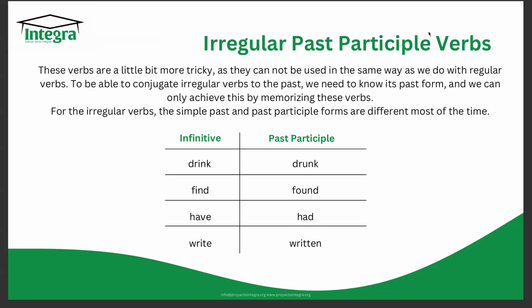As you might know, the simple past version would be drank. So it's drink, drank, drunk. As you can see in this one, the simple past and the past participle are different. Other example is find. The past participle is found. Then have turns to had, and write turns to written.